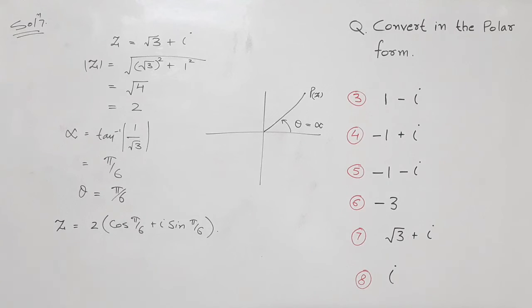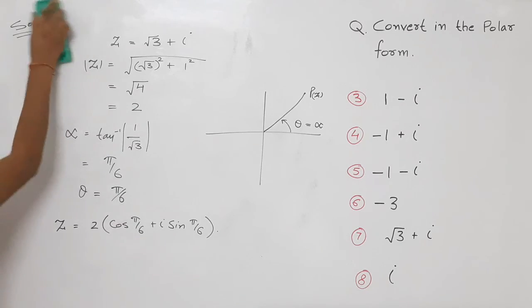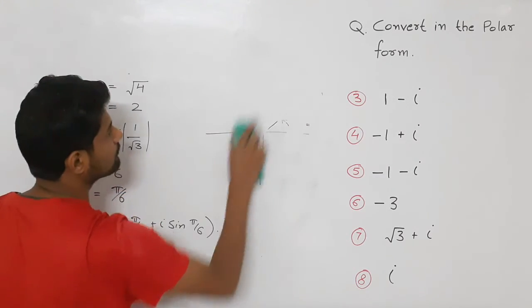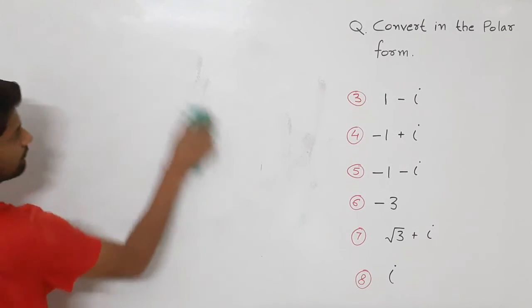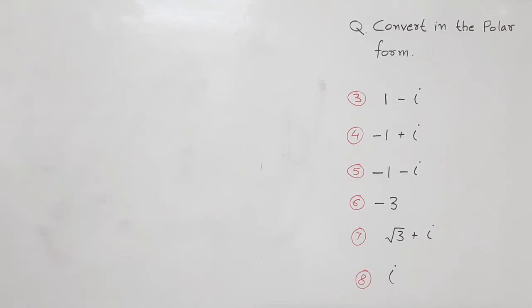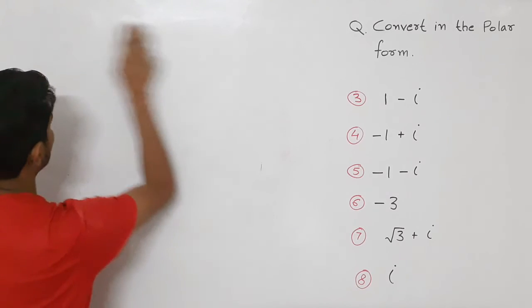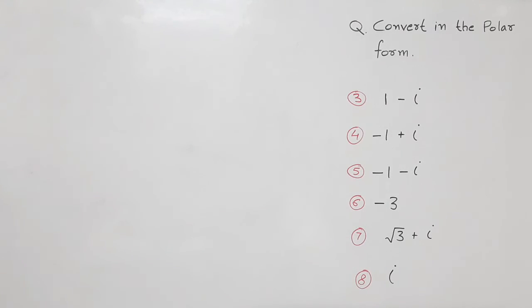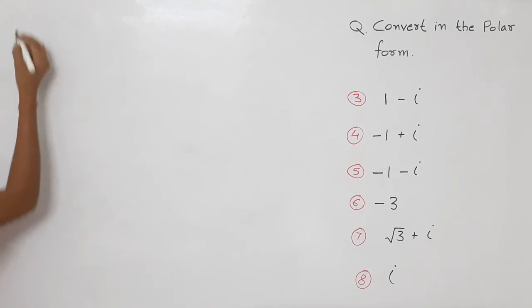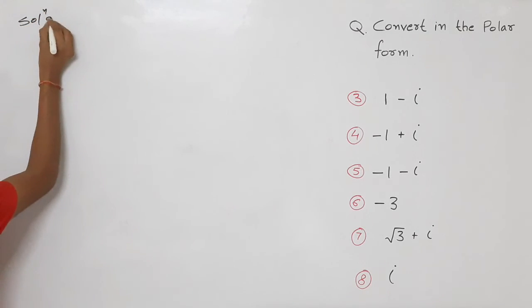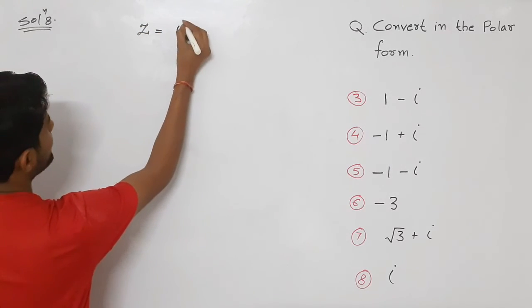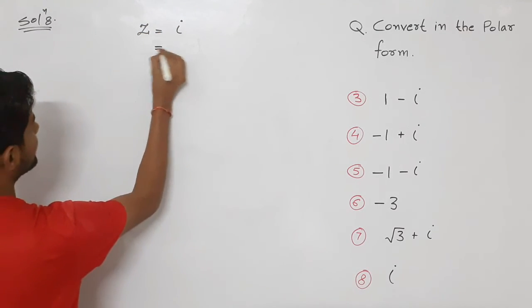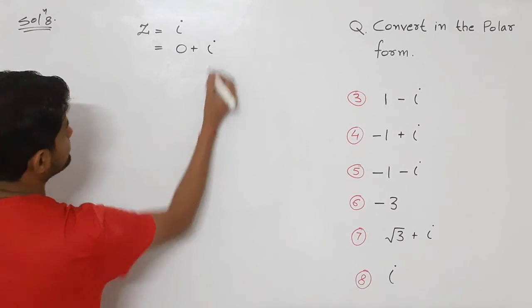Now move to final question, which is iota. So we have a complex number iota, or I can write it as 0 plus iota.